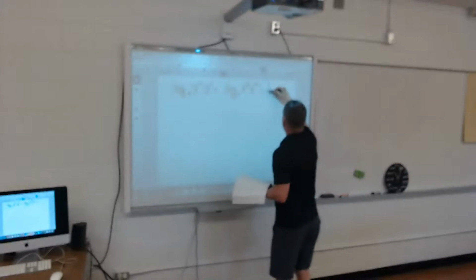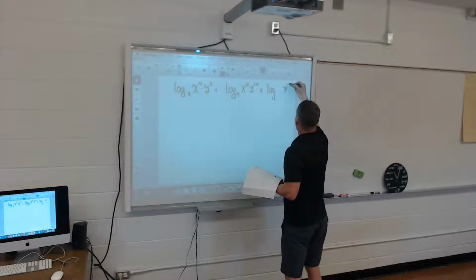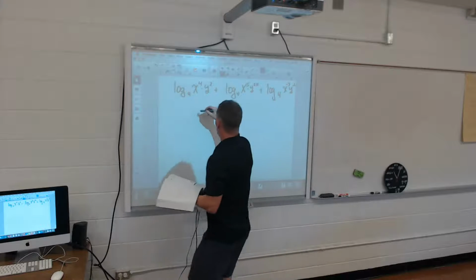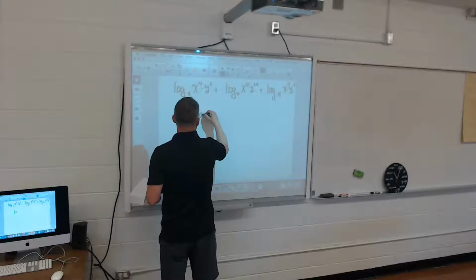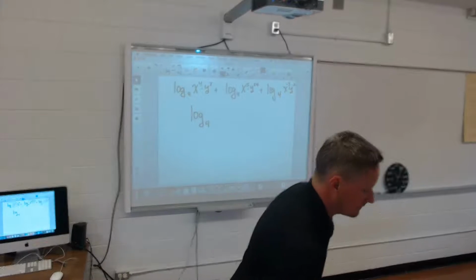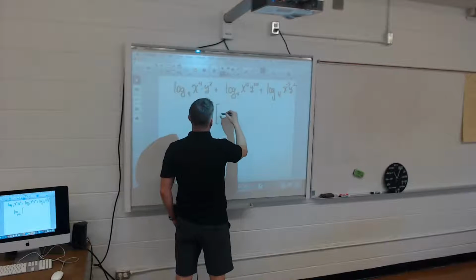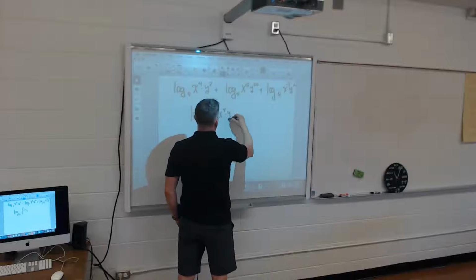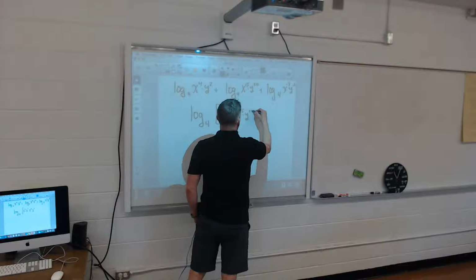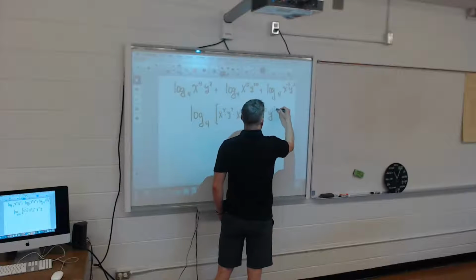And then I get log of x to the negative 3, y to the negative 2, and all that's to base 4. Now they're all adding, so I can just multiply all of these together. So I've got x to the 4th, y squared, x to the 15, y to the 20, x to the negative 3, y to the negative 2.